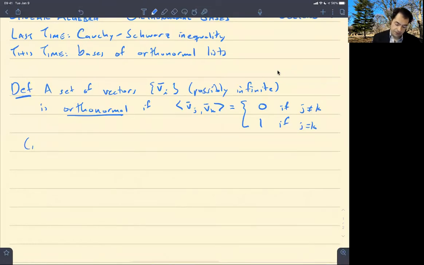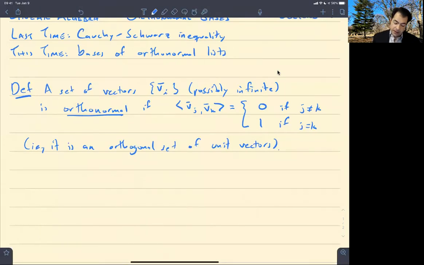I.e., it is an orthogonal set of unit vectors.